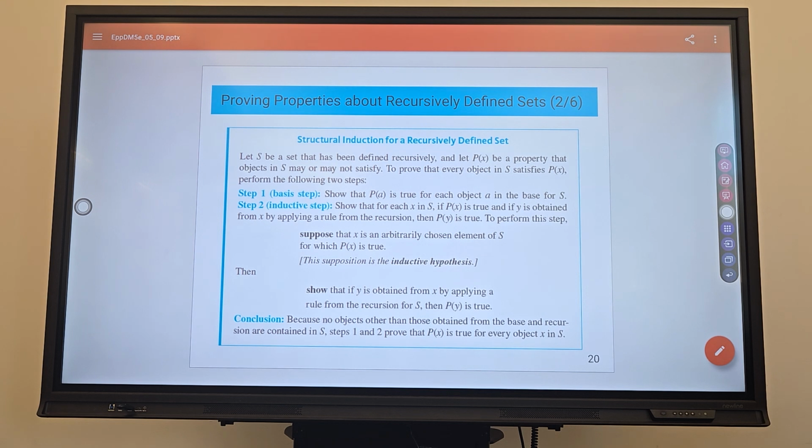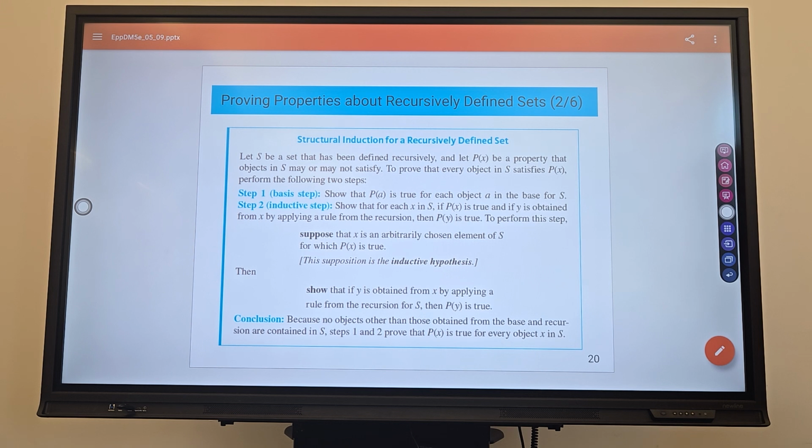Show that P of A is true for each object A in the base for S. Show that for each X in S, if P of X is true, and if Y is obtained from X by applying a rule from the recursion, then P of Y is true.